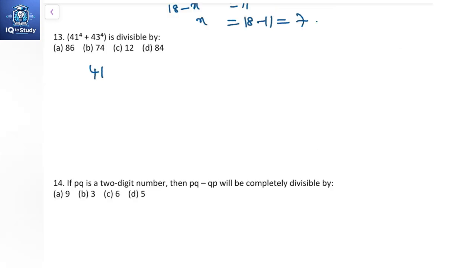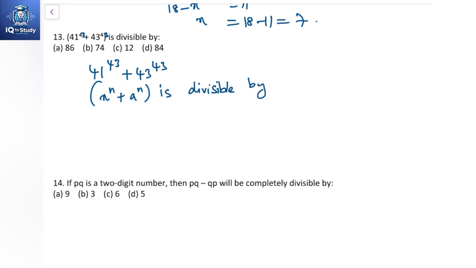41 power 43 plus 43 power 43 is divisible by? If x power n plus a power n is divisible by x plus a, then the value of n is odd.